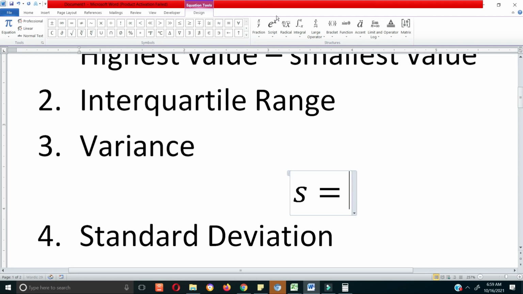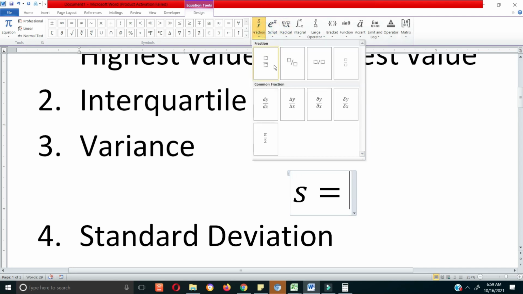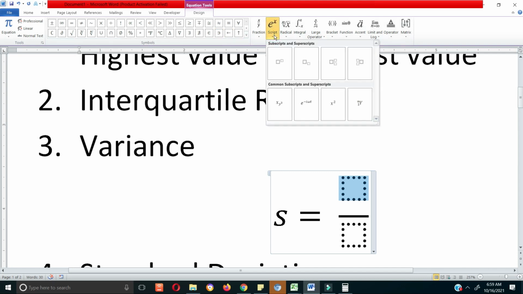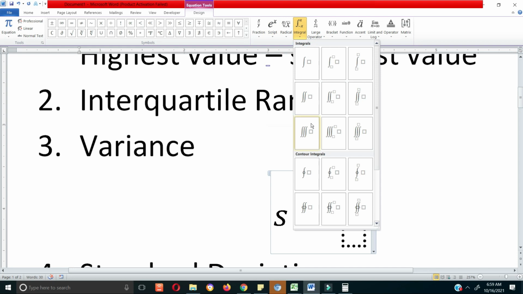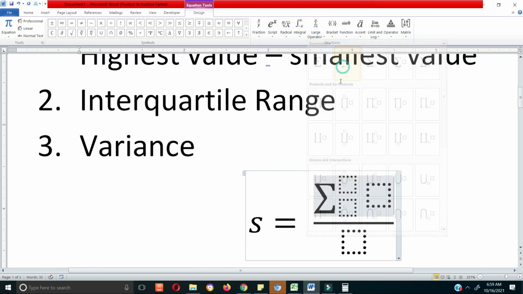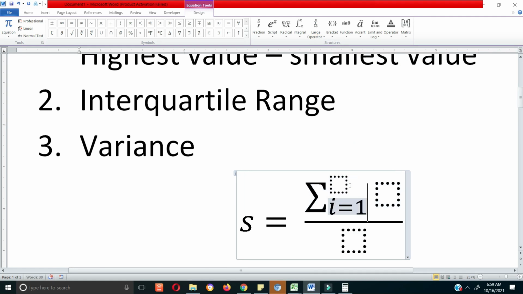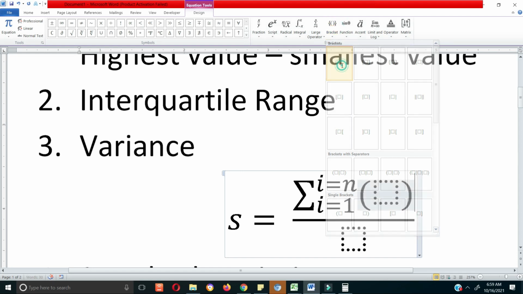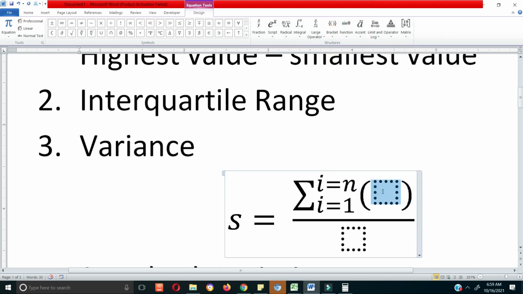So the sample variance is going to be the summation from i equal to 1 to n.